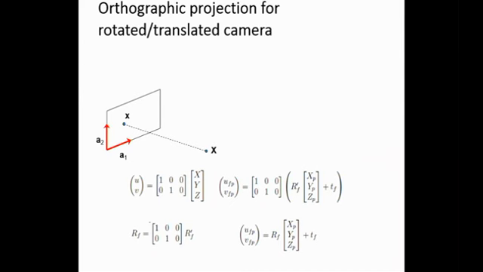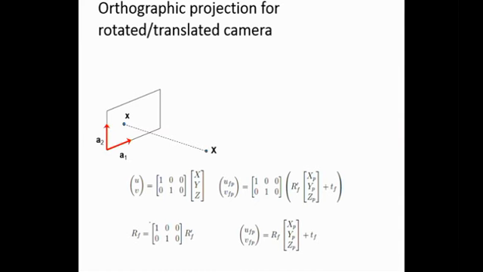The orthographic projection assumes that the position that a point projects onto the image plane does not depend on the depth. So I am projecting onto my u and v pixel position from x, y, and z. If I assume that my rotation is identity and no translation, then it's just u equals x, v equals y.